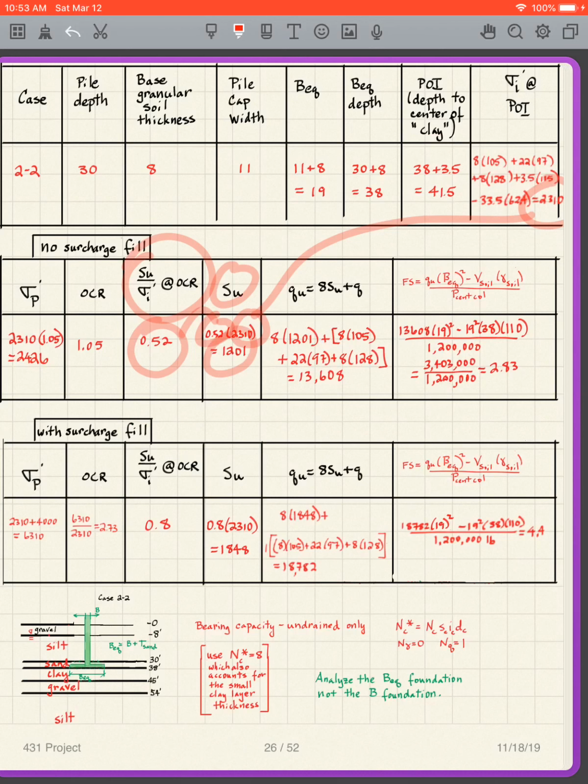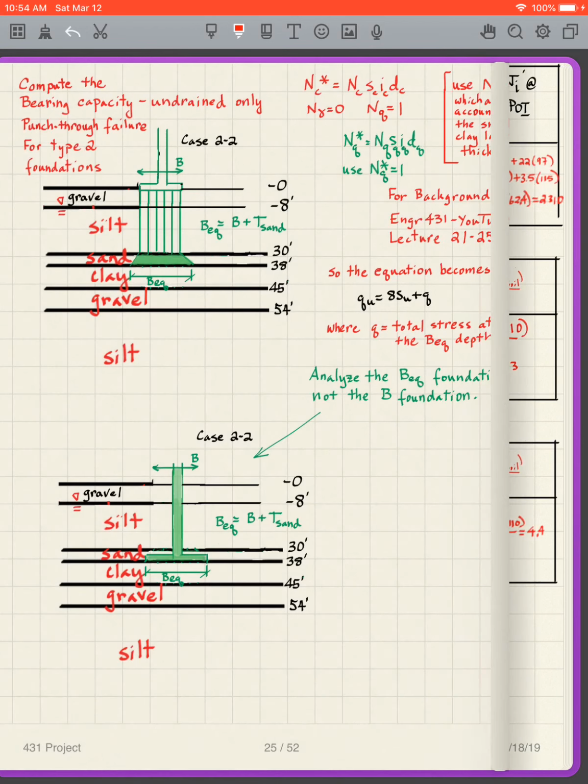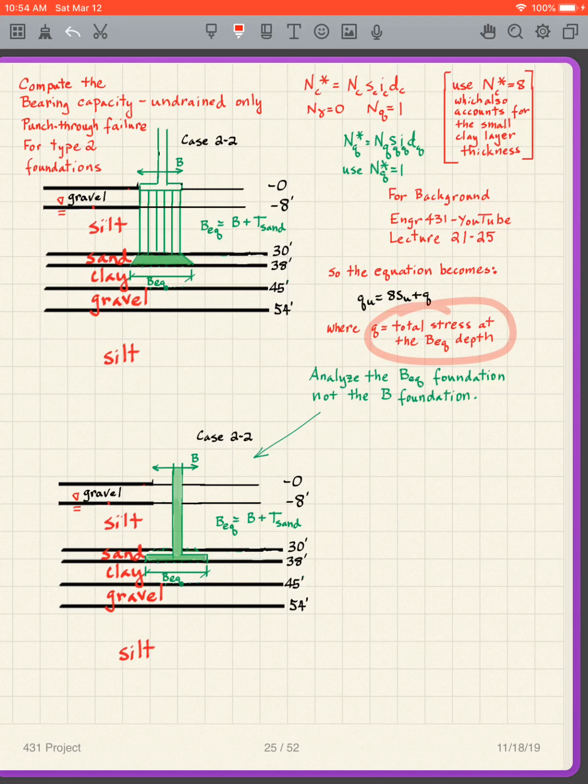With that SU, then I can apply my bearing capacity equation, which we've already been given to be 8 SU plus Q. So there's my 8, there's my SU. That gives me the first part of this equation. How do I get the Q? Well, as we said previously, Q is the total stress at the B equivalent depth.